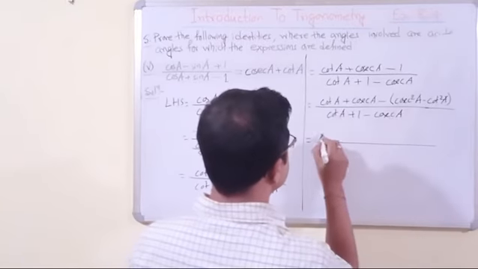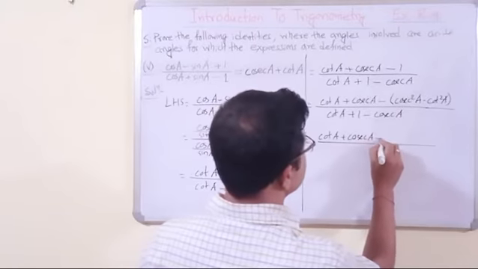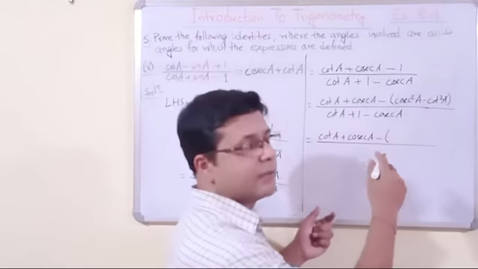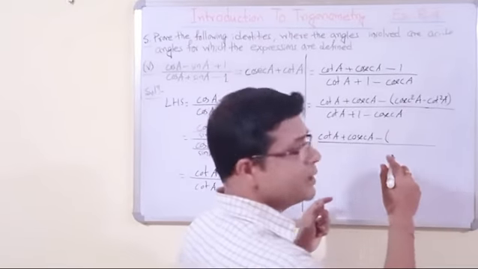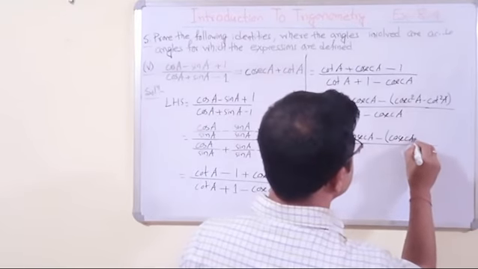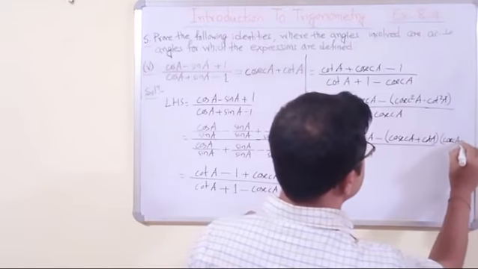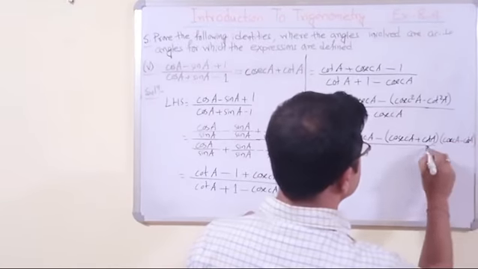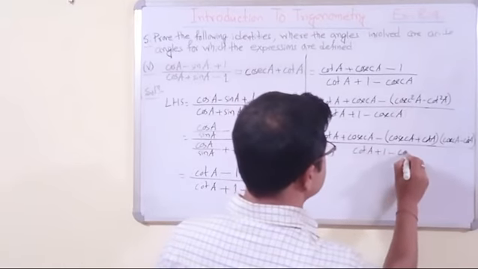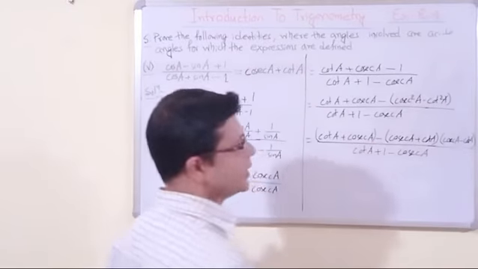Now again same thing here, this is cot a plus cosec a, minus this, which is of the form a square minus b square. So let us factorize: a square minus b square is (a plus b) into (a minus b). So this is (cosec a plus cot a)(cosec a minus cot a). Same thing, let us keep them in brackets.